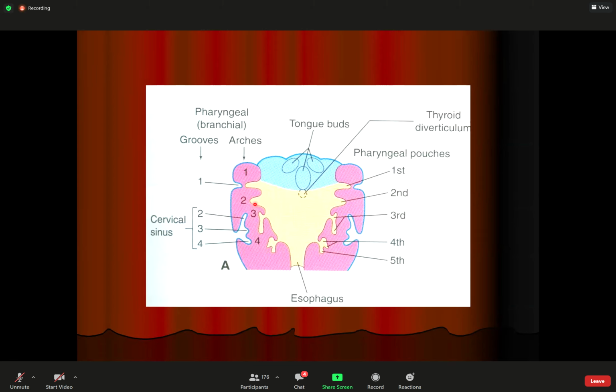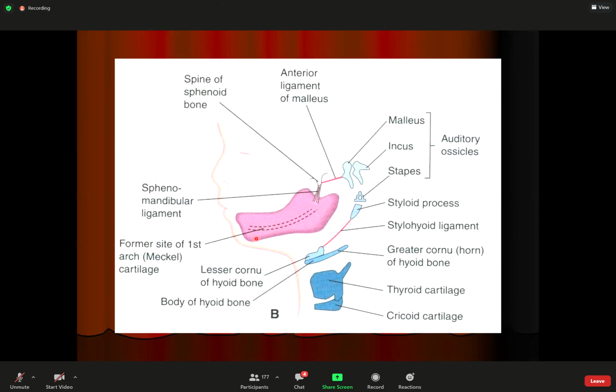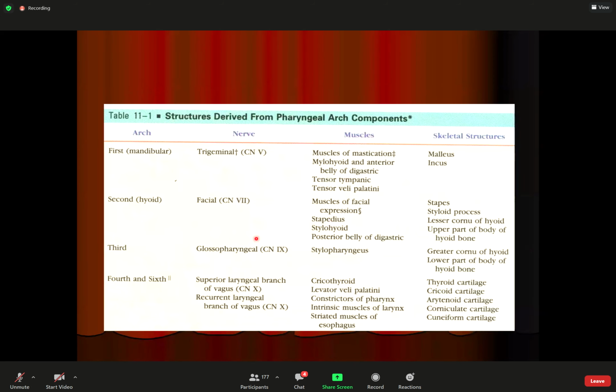I'll talk about the pouches a little bit now, because I completed the arches. The 4 arches, what are the structures coming out from there? The previous table will tell you everything. But now I'll come to the arch, the groove and the sinuses. What are the structures coming out from there? This should be clear to you. Do it by yourself, please.